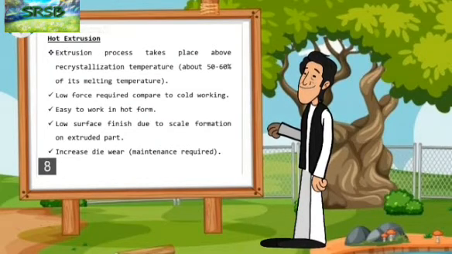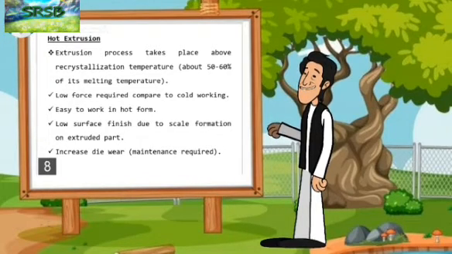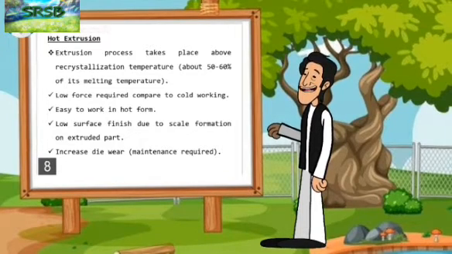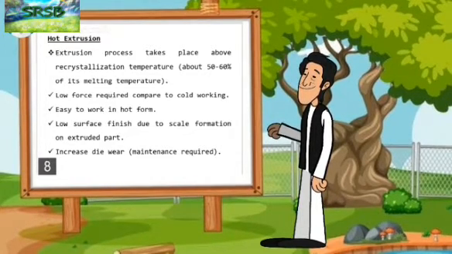Next, hot extrusion process. In this process, the metal is heated above the recrystallization temperature. The recrystallization temperature of the metal is 50 to 60% of its melting temperature. So in hot extrusion, low force is required.